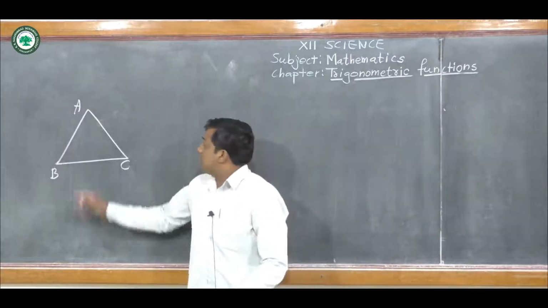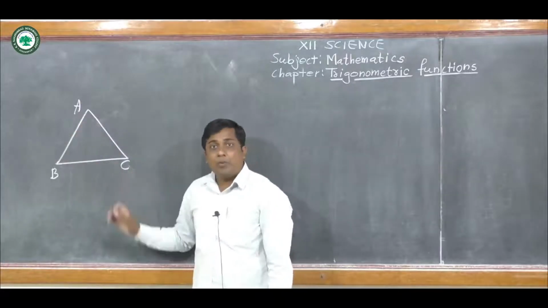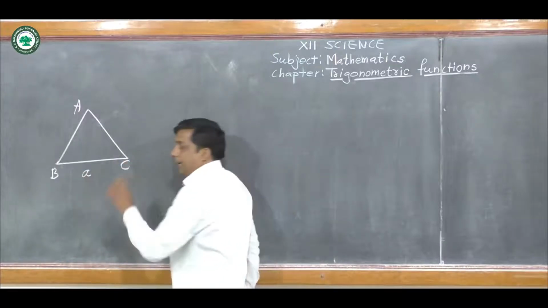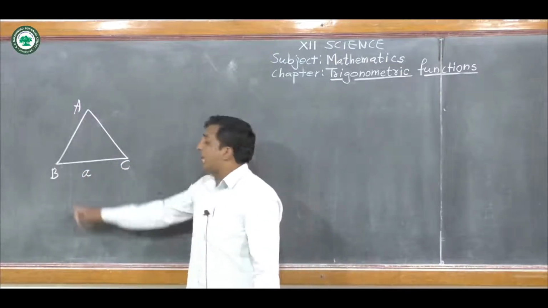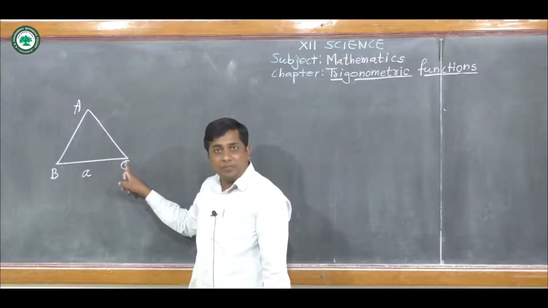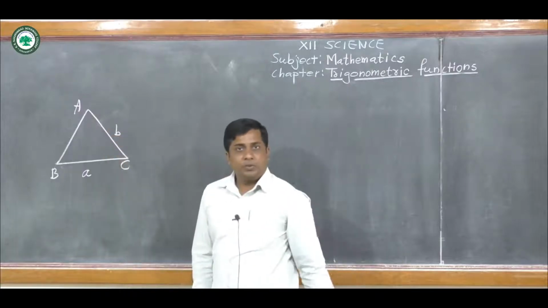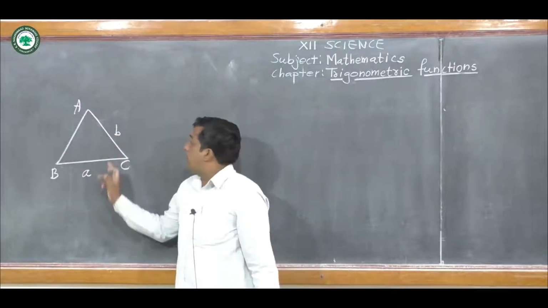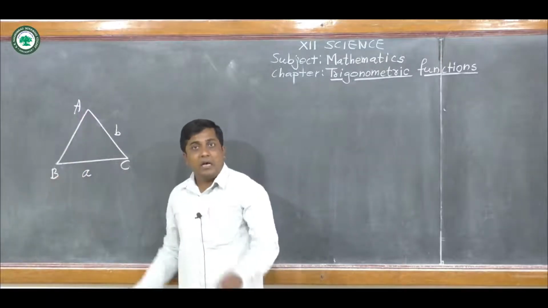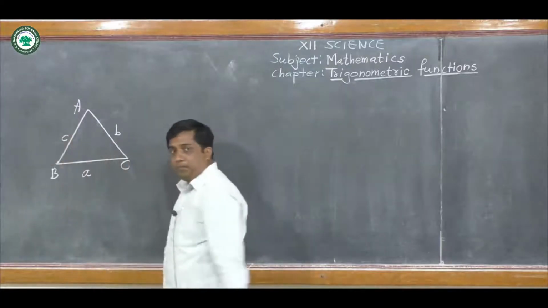Now in this triangle ABC we define the sides. The side opposite to the angle A is BC, and we consider its length as small a. The side opposite to the angle B is AC, with length small b. The side opposite to the angle C is AB, with length small c.